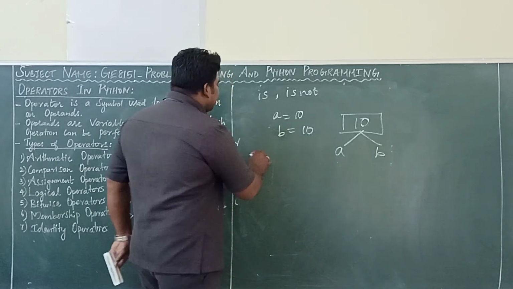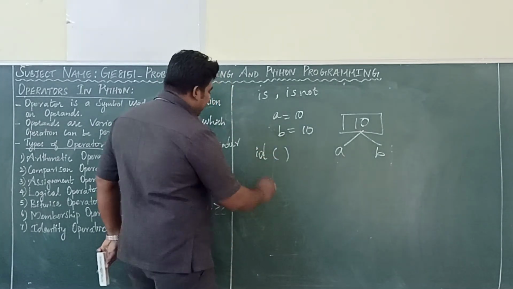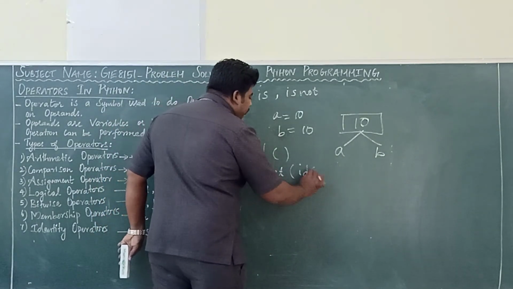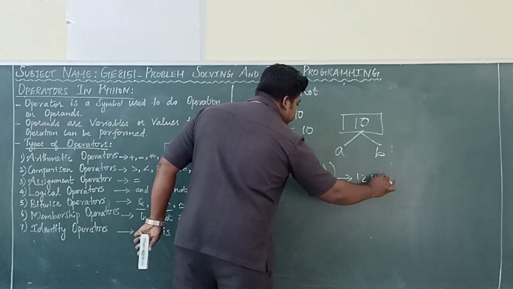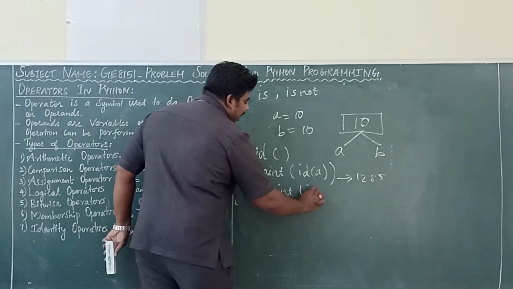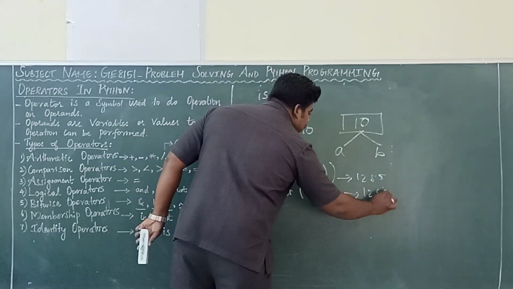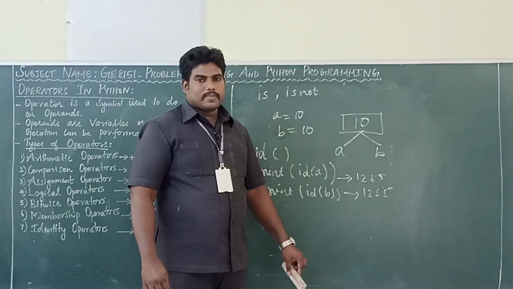So for that, one function is there, id of. Okay, for example, print id of A, it will give one value, 1, 2, 8 something. Similarly, print id of B, it will also give the same value. It is nothing but the address or memory location.